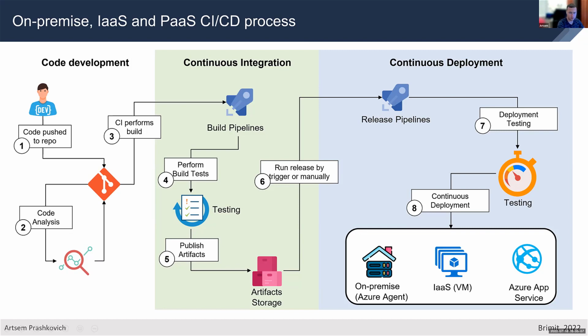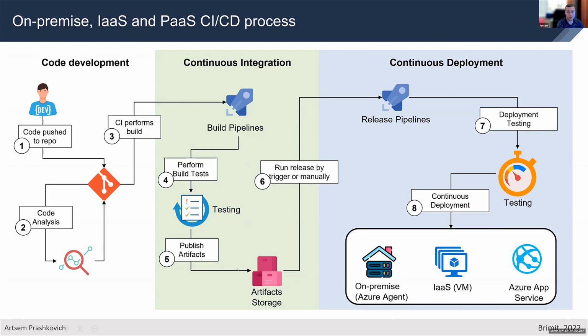So there are different options, it doesn't matter. When new code goes to the repository, we run new builds. During the build, we perform some build tests, again kind of from the ideal world. But as a result, we have some artifacts that we push to our artifact storage.